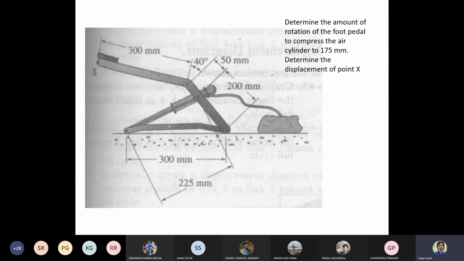Okay then, who has drawn it? Ankit Oja? No, sir, not yet. I'm drawing that pedal part only. Okay. Ritu? Yes, sir, I'm drawing. You're also drawing. Okay.